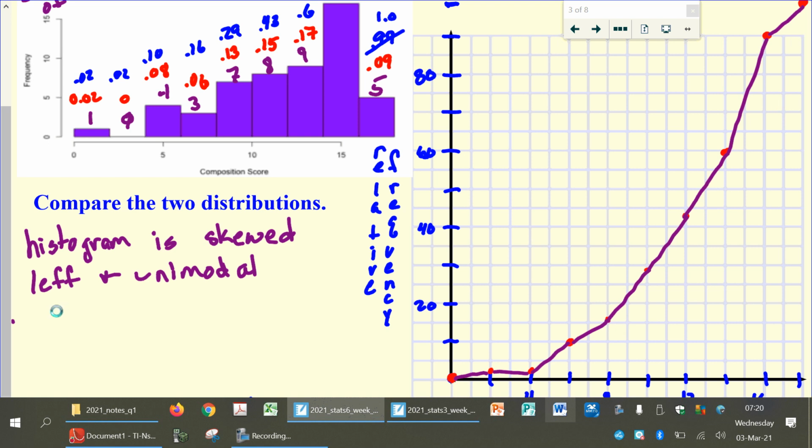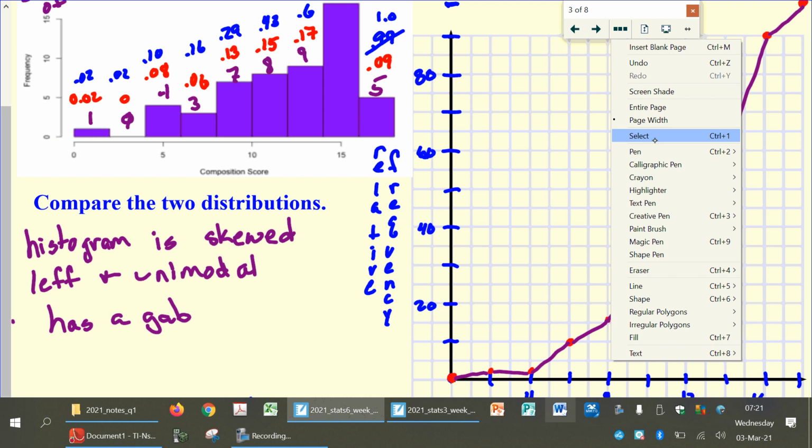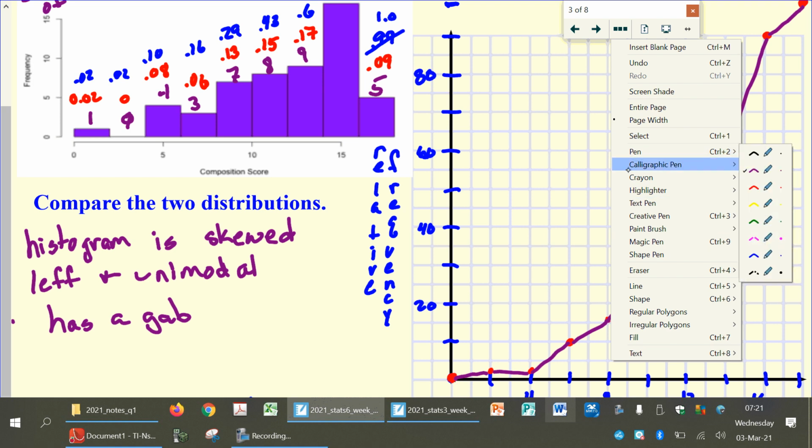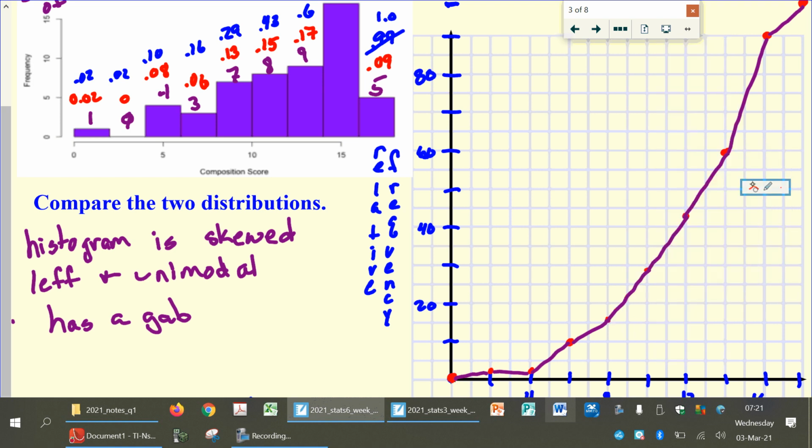The histogram has a gap. And here we can see the gap right here, because it has a zero growth. Zero growth. That's telling us there's a gap. Other than that, it was continued climbing till we had the steep point, and then went shallow again.